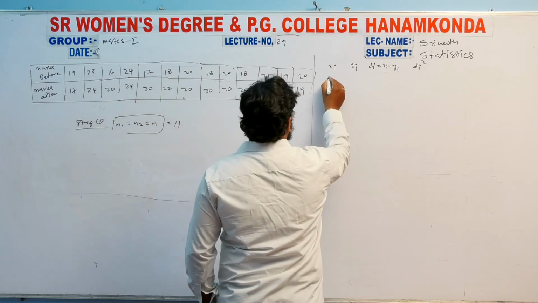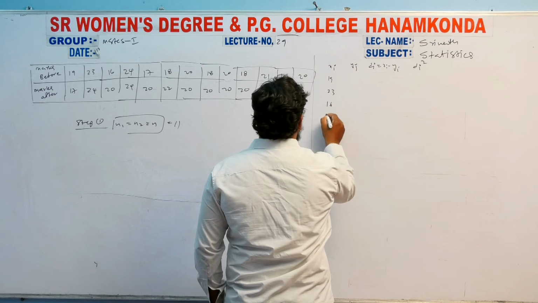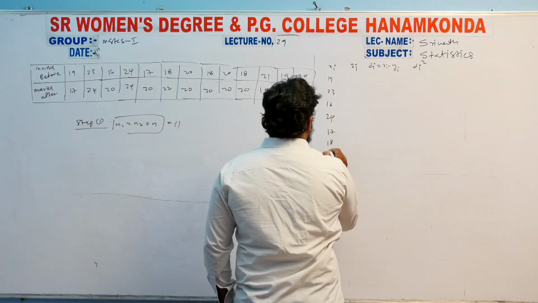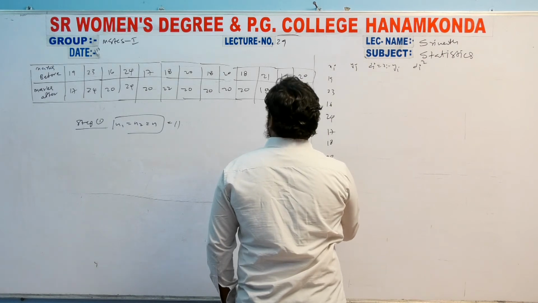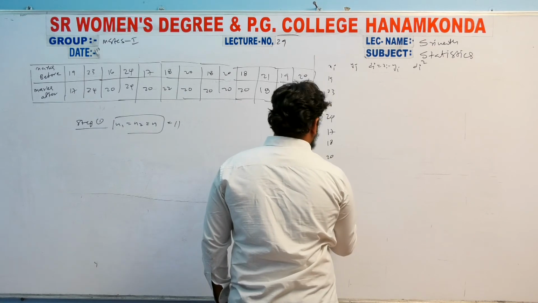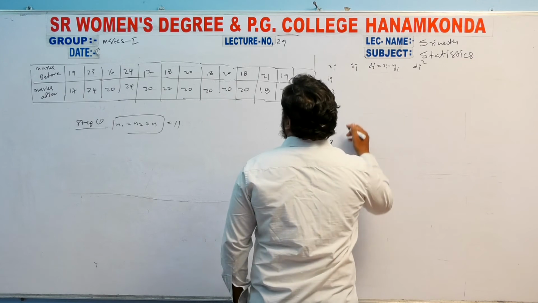So x values are 19, 23, 16, 24, 17, 18, 20, 18, 20, 18, 21, 90, 20.